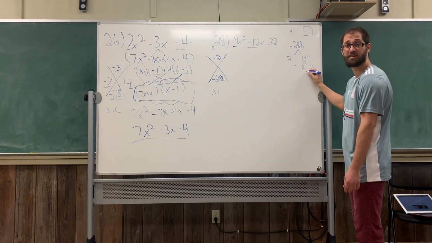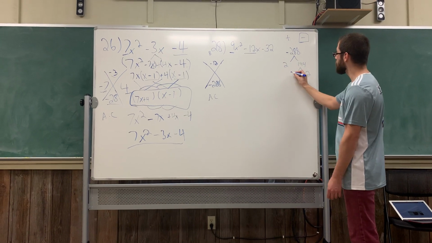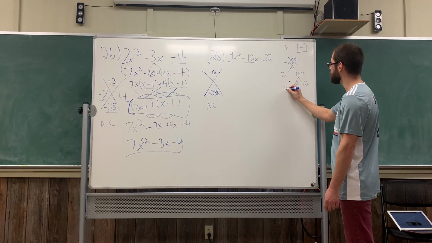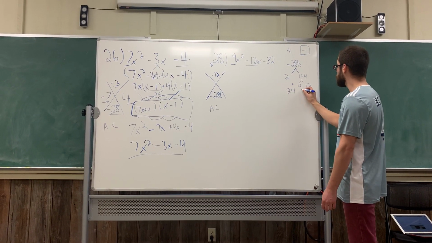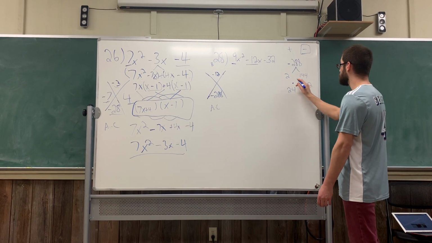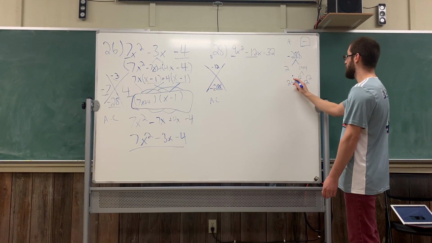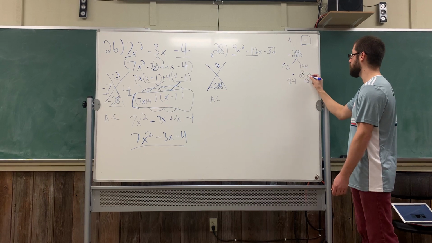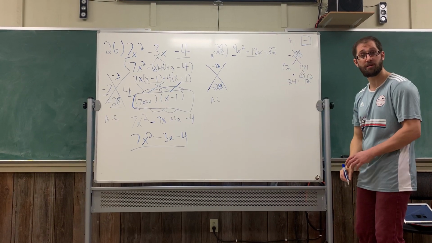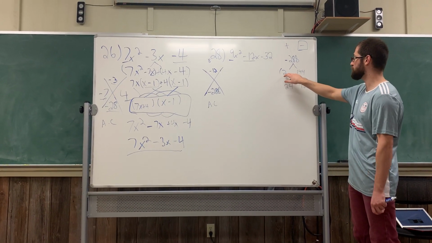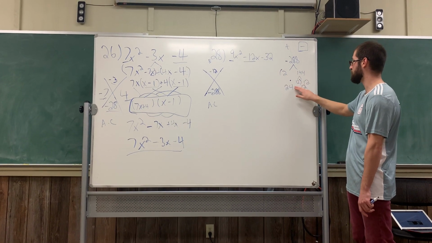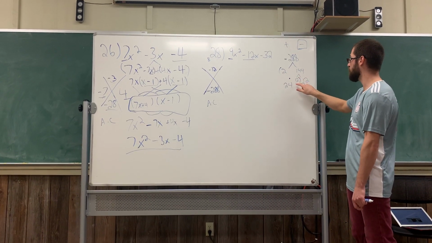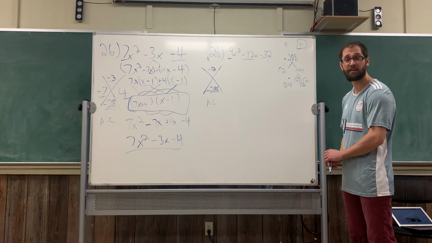I could factor these down a little bit more, but what is 2 times 12? 24. So 24 and 12. This is my factor tree, so I know 2, 12, and 12 are factors. So I know 2 times 12 and 12 are factors.